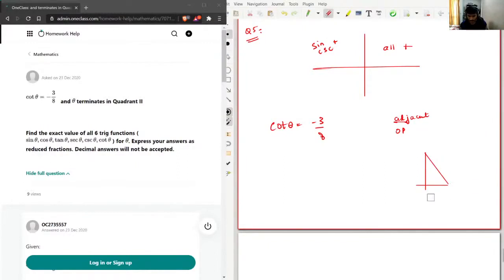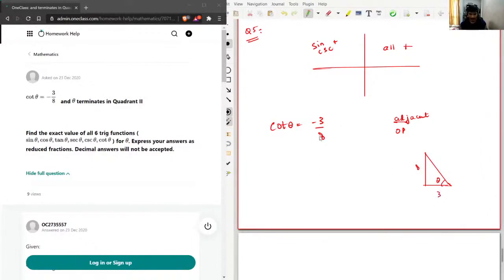Now, one thing I want to mention, that with trigonometric ratios, we do not get the exact value of sides. They are just ratios. But let's say the ratio is 1 to 1, so I can write these sides as adjacent and opposite. If this one was theta, then this will be 8 and this will be 3.